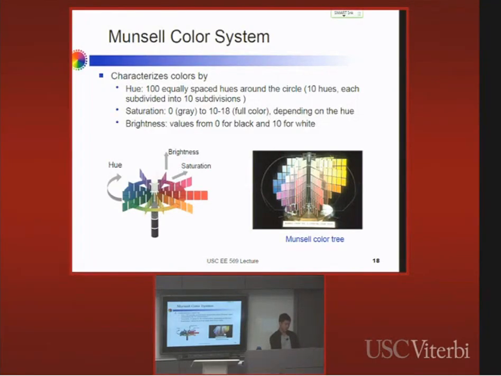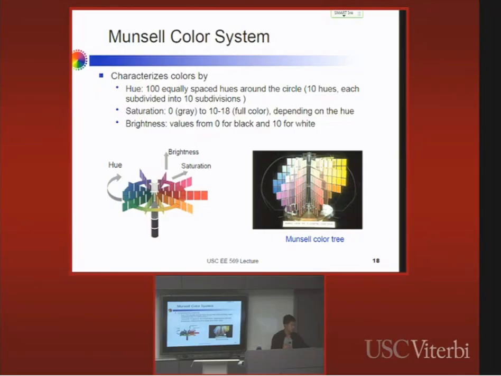First, this is the Munsell color system. This color system represents colors also by hue, saturation, and brightness, which you can think of as something similar to value. And we already talked about what hue means and what saturation means.